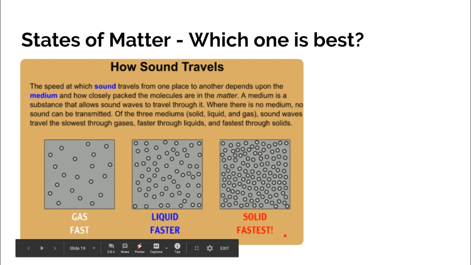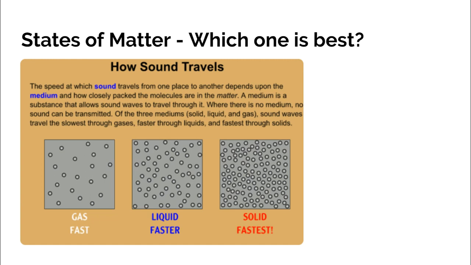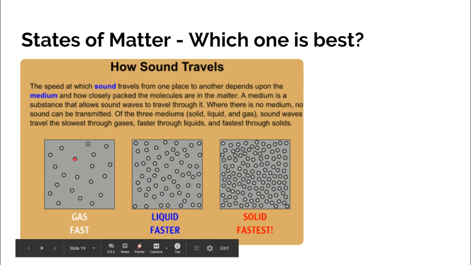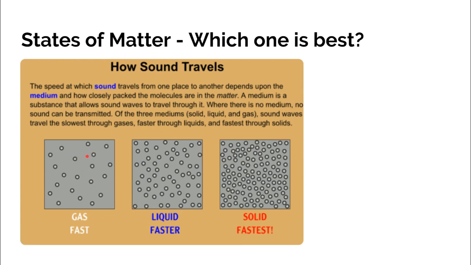Now, why do you think that happens? Well, if you look at your paper, you see the word density. Turns out, when particles in a gas bounce into each other, a sound wave creates a vibration and they have to bounce into each other, they lose a lot of energy finding their neighbor because they have to travel a much longer distance.